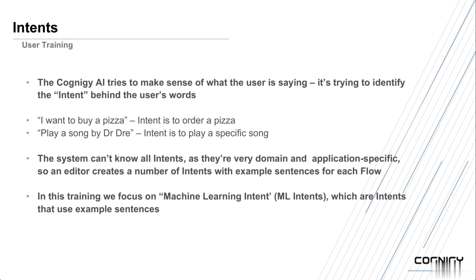The system can't know all possible intents, as intents are very domain and application specific. So an editor creates a number of intents with example sentences for each flow. In this training, we focus on machine learning intents, which are intents that use example sentences.